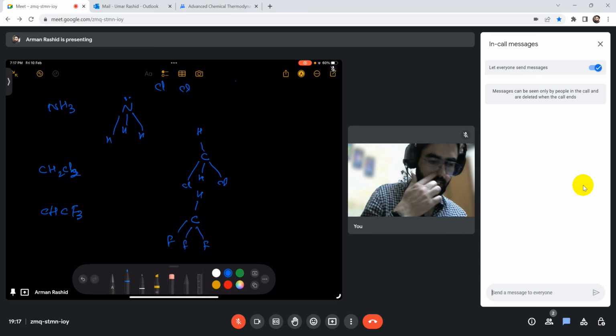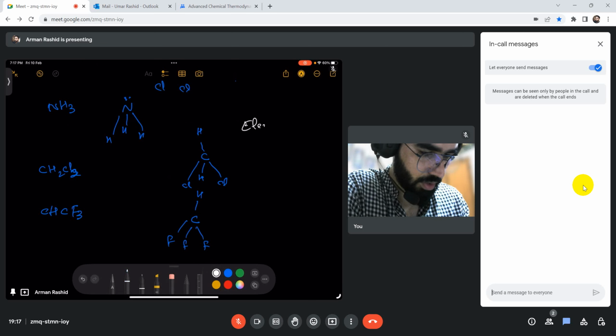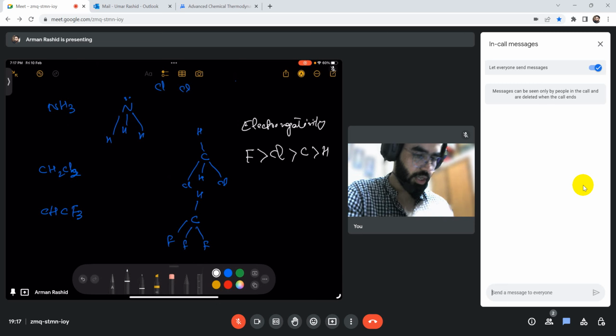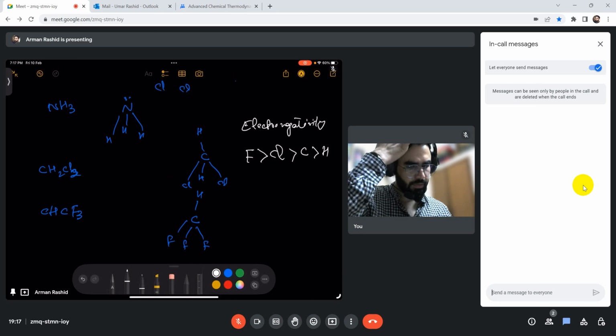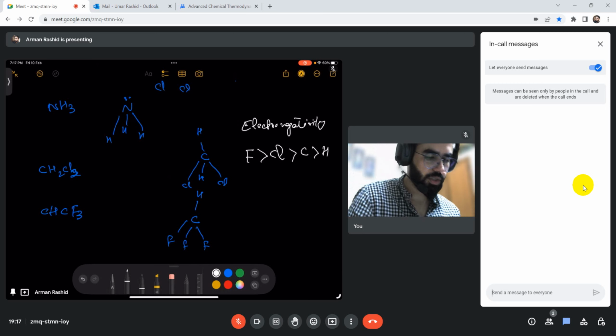Now we see that we have to consider the electronegativity. We know that the electronegativity of fluorine is higher than chlorine, then carbon, and then hydrogen. That means the more electronegative atoms drag the electrons towards them.